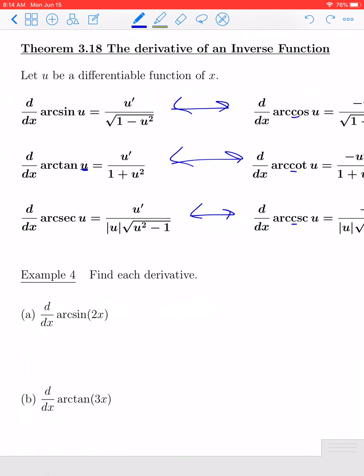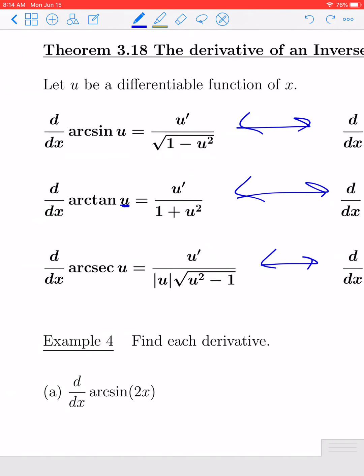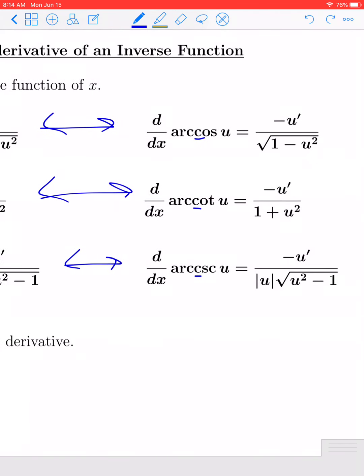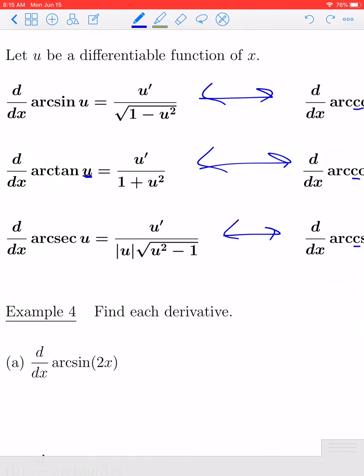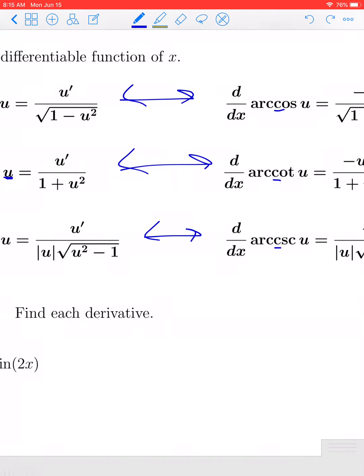And then you can see the formulas for each of these. The derivative of the arc sine of u is 1 over the square root of 1 minus u squared times u prime. The arc cosine of u has derivative negative 1 over the square root of 1 minus u squared times u prime. Derivative of arc tangent we've already seen: it's 1 over 1 plus u squared times u prime.